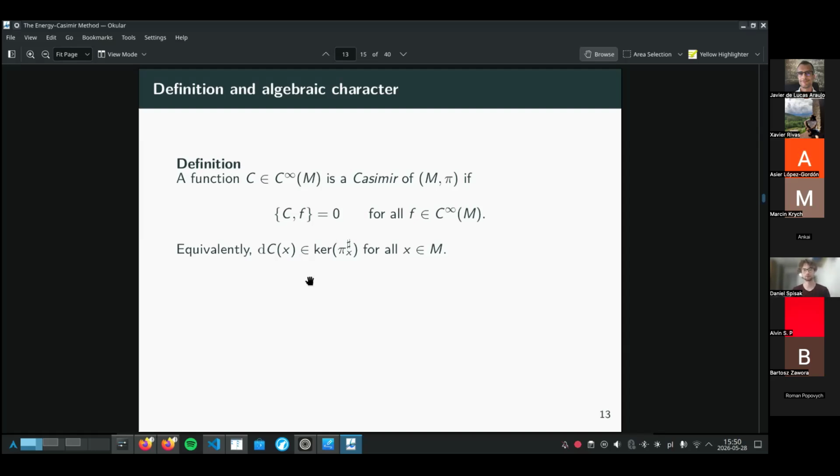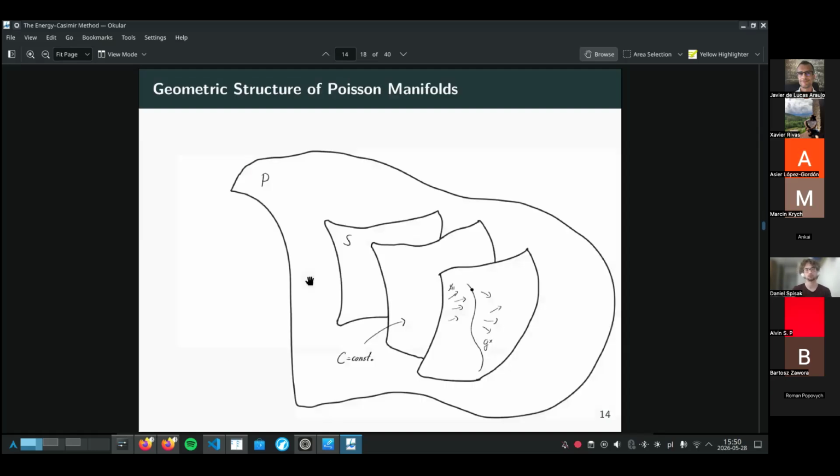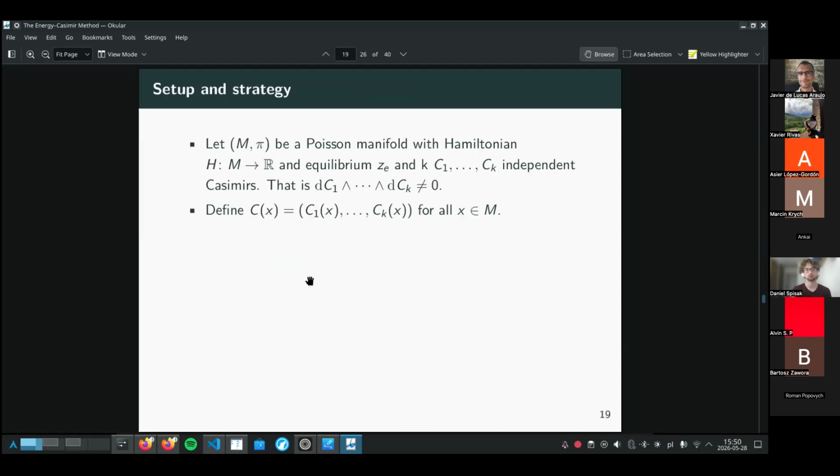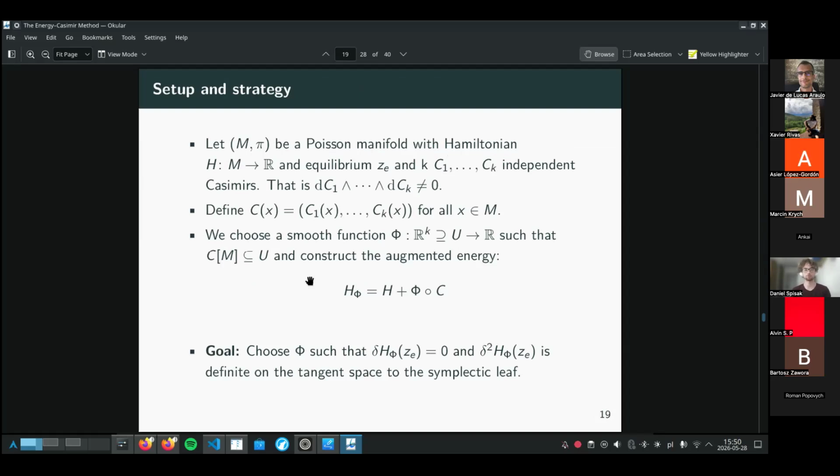So to use this method, you need to have Casimirs. Is there any way of finding them? No. I mean, you just have to guess. This is the biggest minus of it. The only method I know about, and I don't think there's another method, is just guessing.